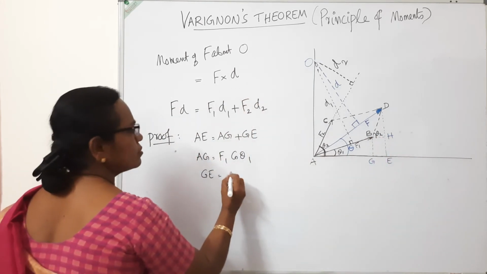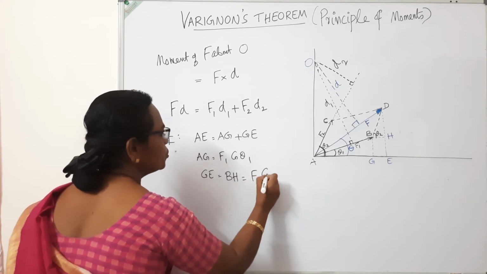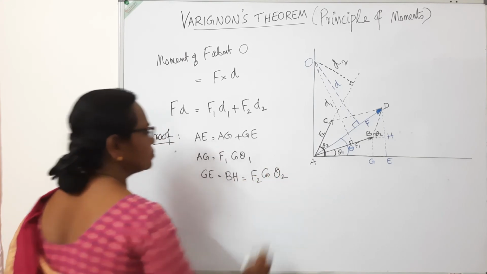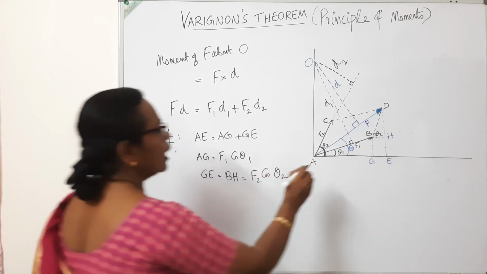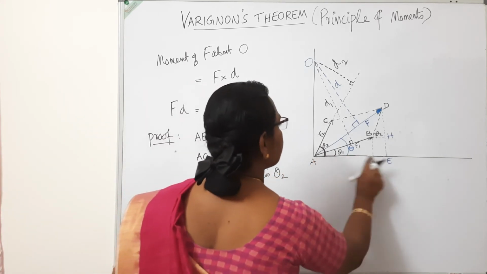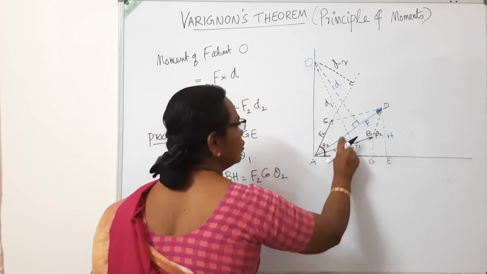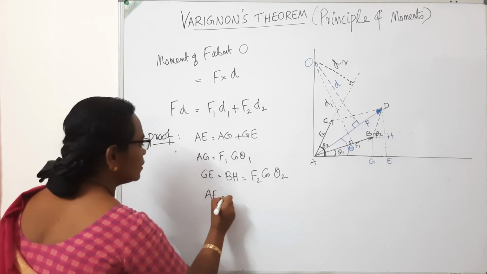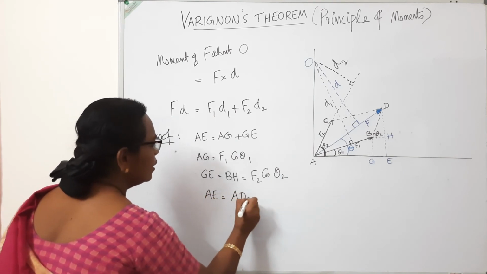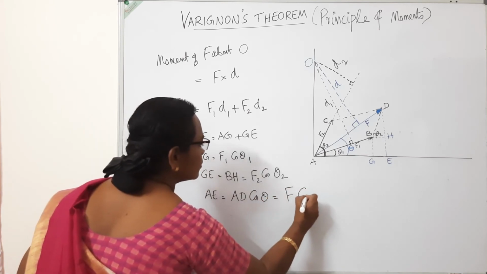So GE is the same as BH, that is nothing but F2 cos theta 2, and AE is AD cos theta, or F cos theta.